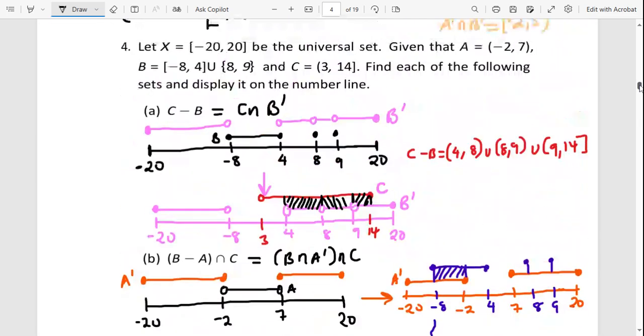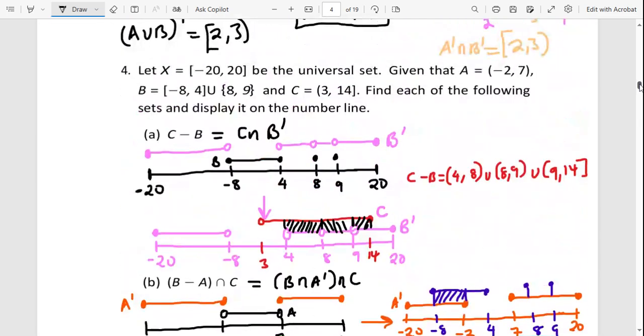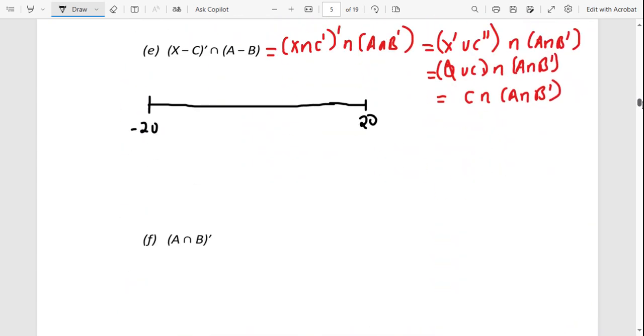And then the set B, negative 8 up to 4 and then 8 and 9. So this is included. This is also included. Then we have got 8. We have got also 9. This is the set B.